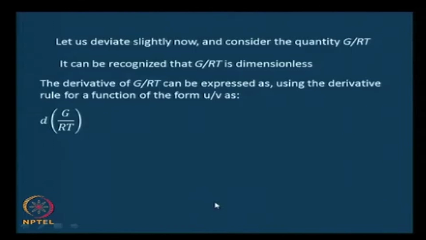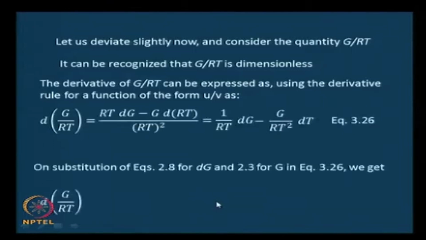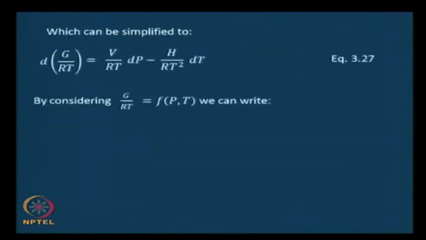And then we showed why G by RT is considered the generating function, or G is considered the generating function, because if we have the value of G, you could get other values. Please go through this derivation again, it might be interesting.